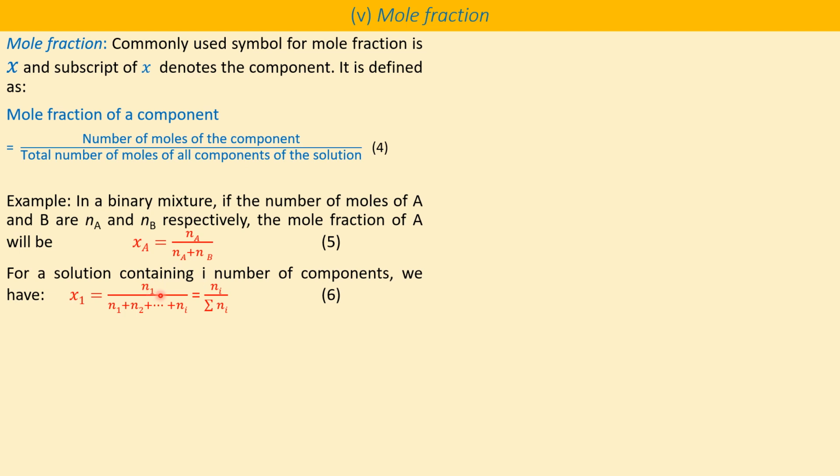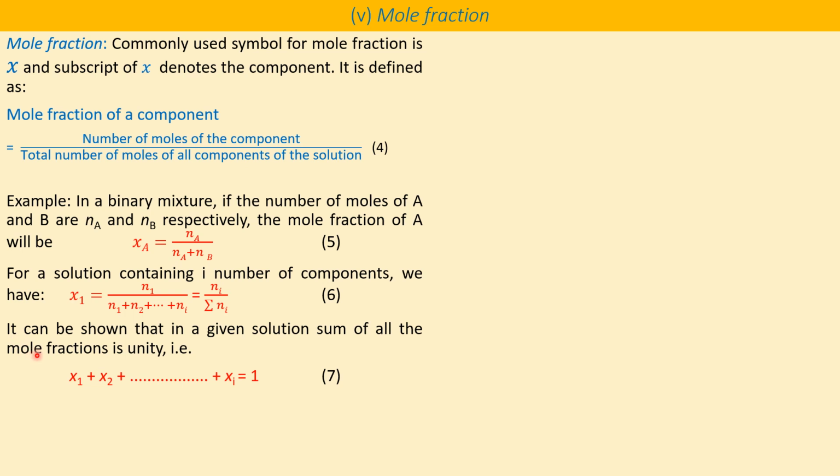For a solution containing i number of components, we have x1 is equal to n1 divided by n1 plus n2 plus etc. up to ni. It can also be written as ni over sigma ni. Let it be equation 6.